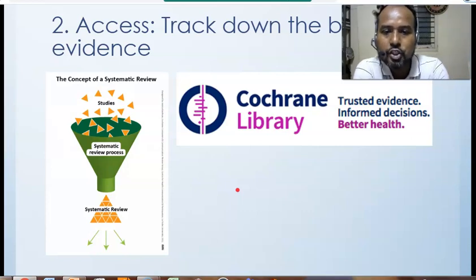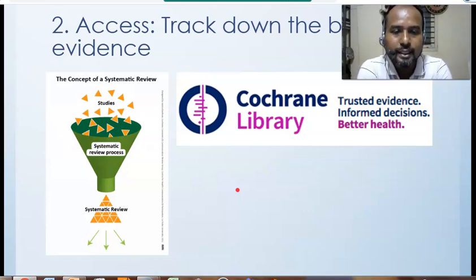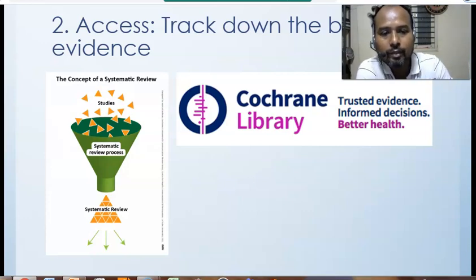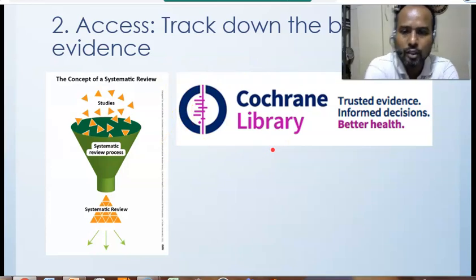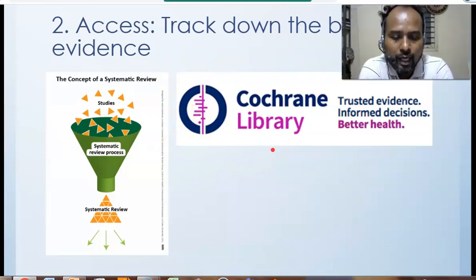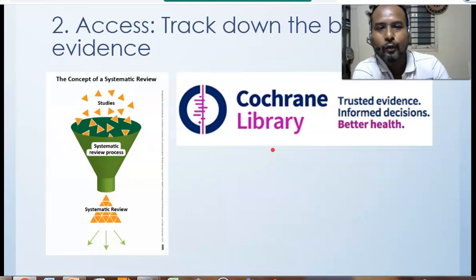So I searched for this question directly in the Cochrane library, because currently the Cochrane library is the resource for the best available evidence specifically for questions related to the effectiveness of treatment. I guess most of us know about it, but I just want to emphasize in case someone is not familiar. If you have a question, this is the first and best available place we should be looking.